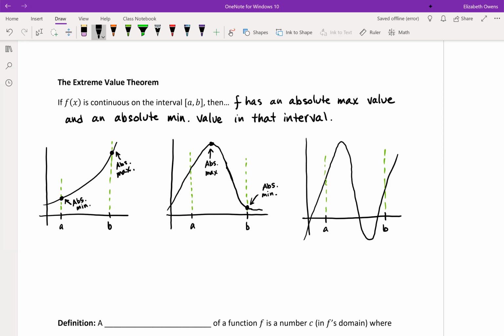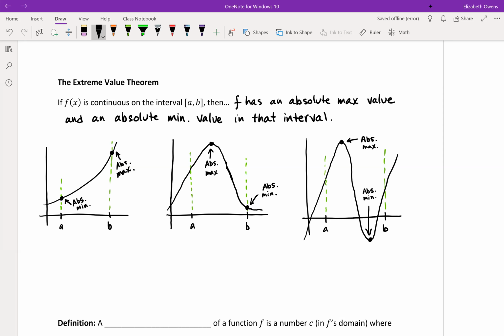Our absolute maximum is up here, top of the hill. Absolute maximum value, that's the highest y value for this interval. And here is our absolute minimum, at the bottom of the valley, absolute minimum.